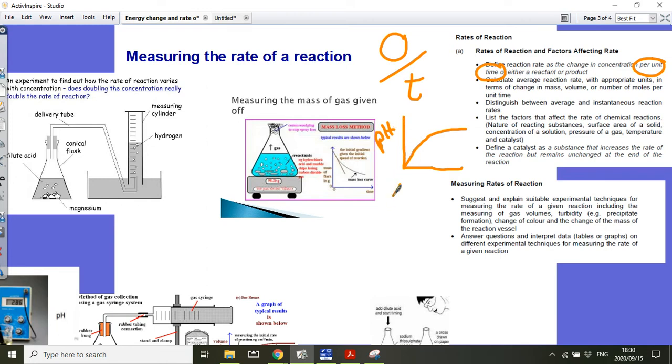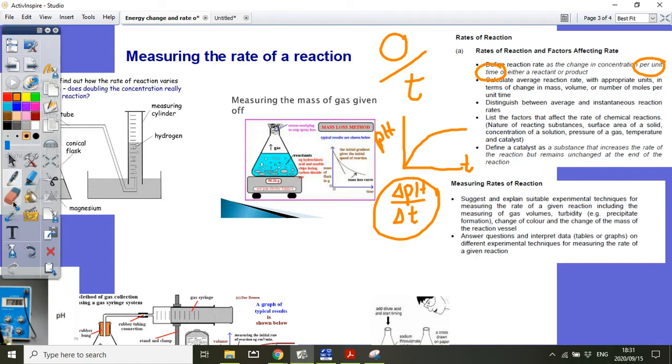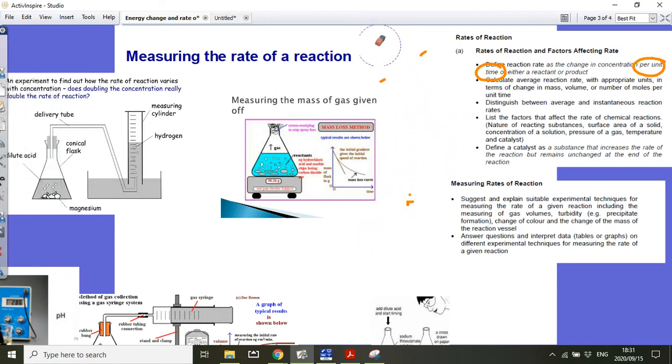So if you look at that, the change in pH over the change in time, if this is the time here, I'm hoping that you can see that this is actually the gradient of the graph. So you must be able to calculate the rate if you get given a graph by getting the gradient of the graph. So the rate of a reaction is always given by the gradient, if it is something that you've measured over time. Don't think it's always, think about your graph as well, because sometimes it's a rate graph.